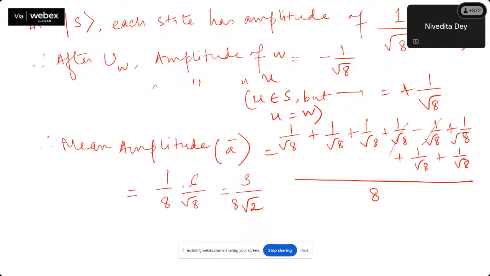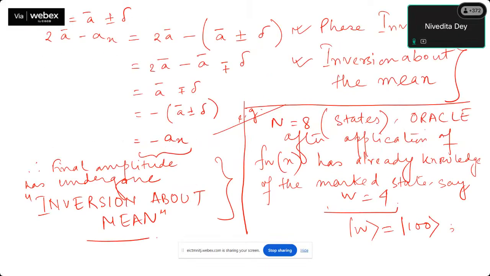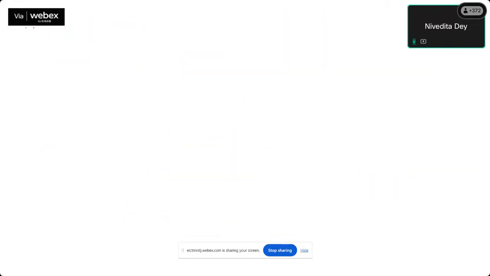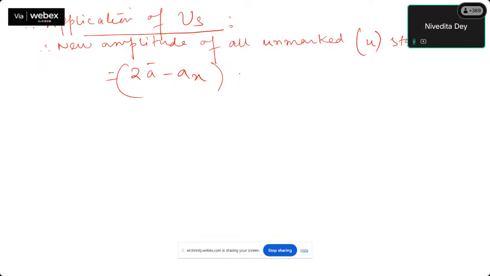Now W is there, and this is the status of the mean amplitude. Therefore, we apply US. The new amplitude of all unmarked states U will be 2a bar minus ax.